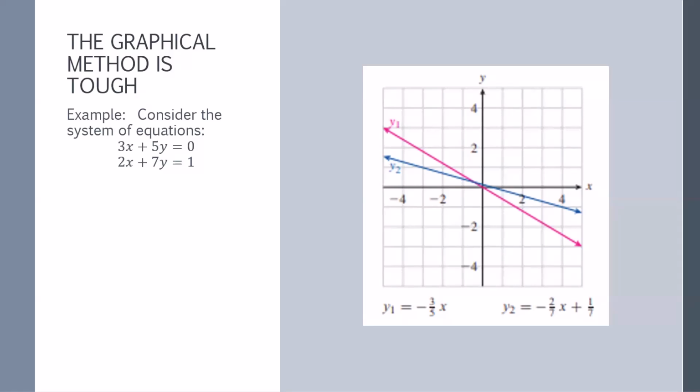In fact, we are very much hamstrung by how good our graph is. The actual solution is (-5/11, 3/11). But again, it seems impossible to have guessed that from this diagram. So we try and stay away from the graphical method when at all possible.